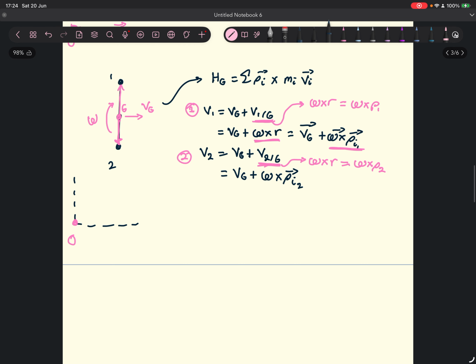If this point is not moving and we wanted the angular momentum about it, it's up to us if we want to take the angular momentum of each and every particle about point O.